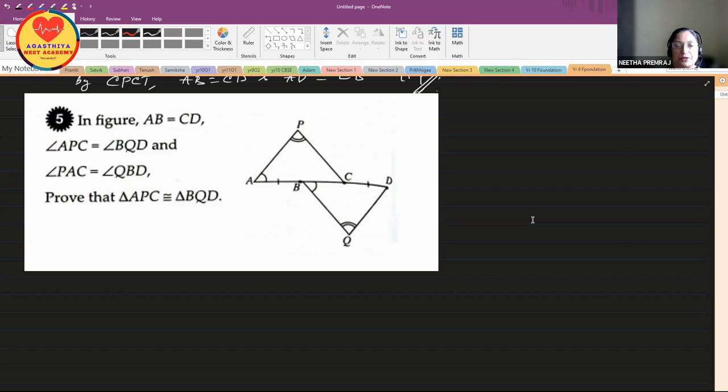What's the idea? How do you prove these two triangles are congruent? No, you should not say that way. See, AB is equal to CD, it is given, and these two angles are equal.